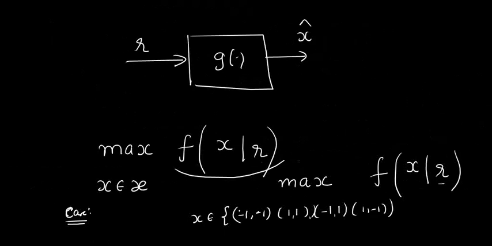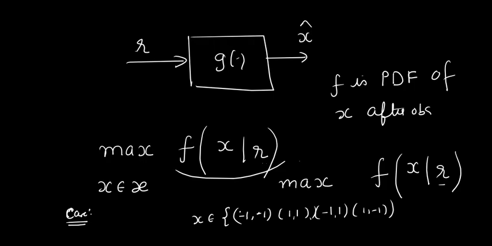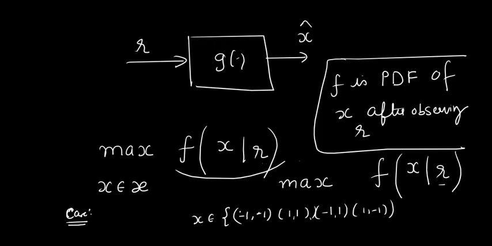MAP says that you have to maximize this function, the PDF, the probability density function of X after observing R. Is that okay? That is why it is called a posteriori, after observing R.